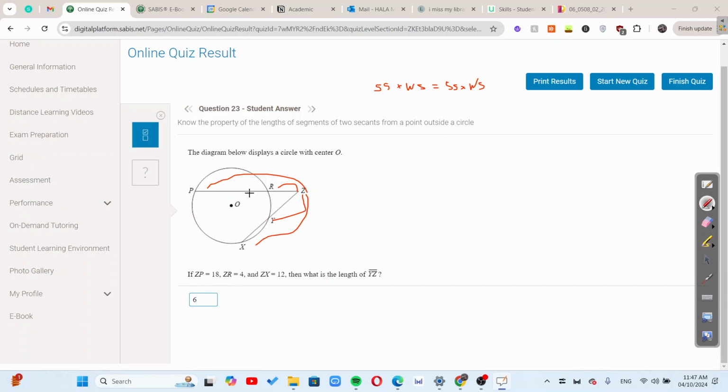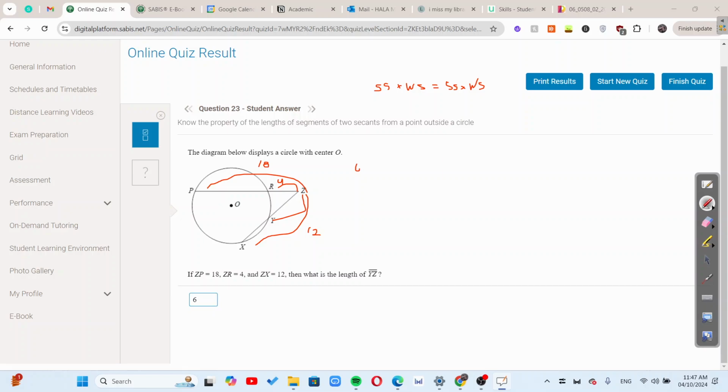So now they gave us ZP, all of this is 18. And they gave us that ZR is 4. They gave us that ZX, the whole thing, is 12. Now they want the small secant ZY.